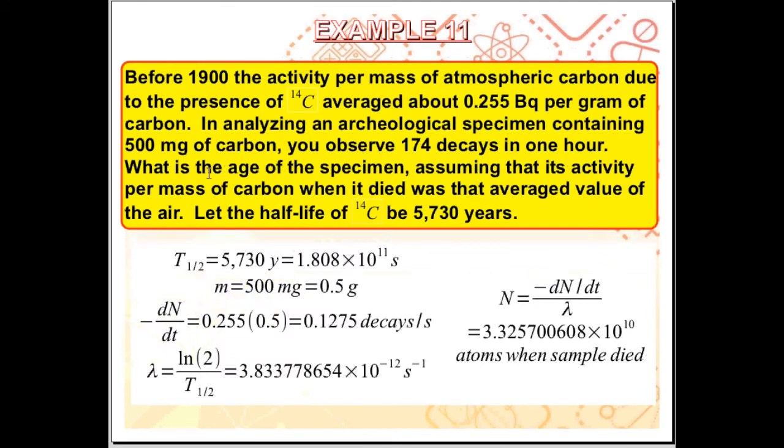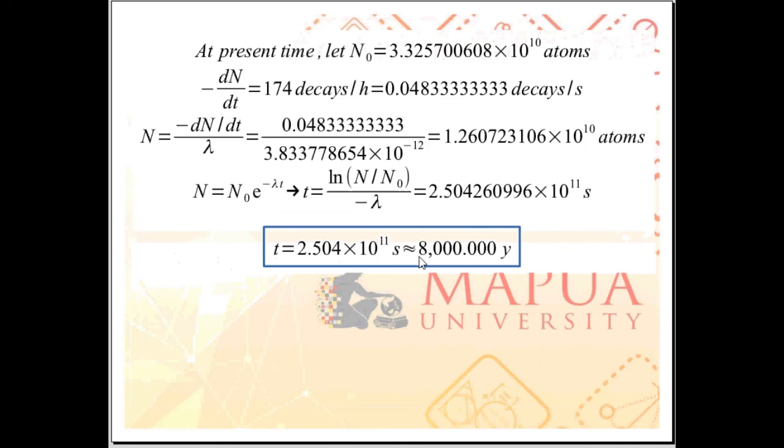Studying the sample, we observe 174 decays in 1 hour. So at present time, the decay rate is 174 decays per hour or 0.0483333 and so on decays per second.